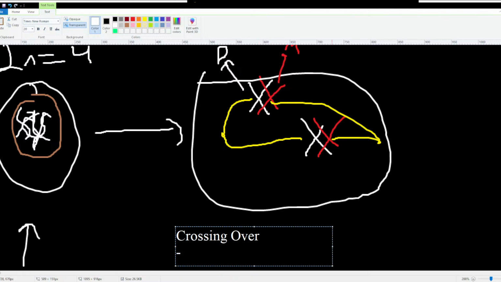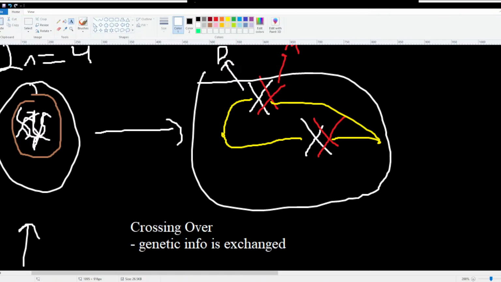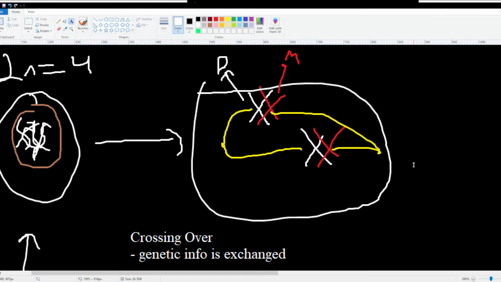What happens during crossing over? Genetic information is exchanged. This is incredibly important for genetic variation. So you have different nucleotides that are being traded over here, and then different nucleotides that are being traded over here. And it all works out because this is natural. This is how genetics works.